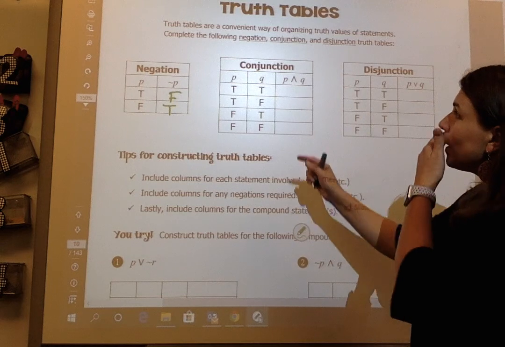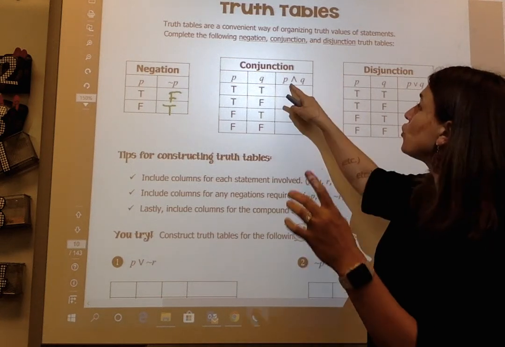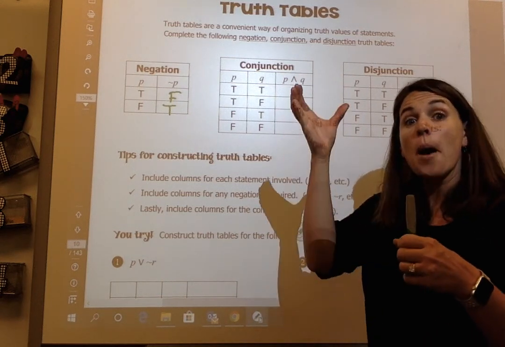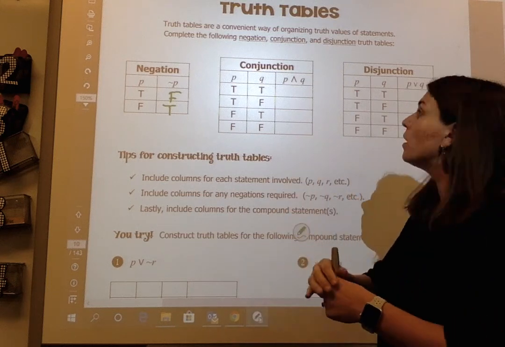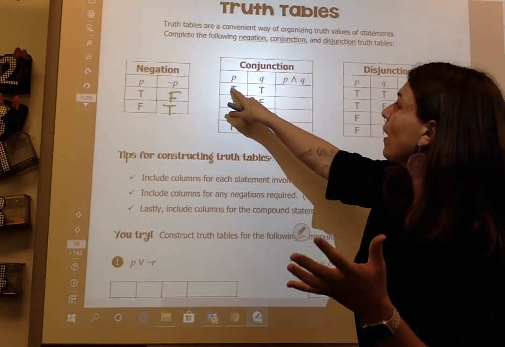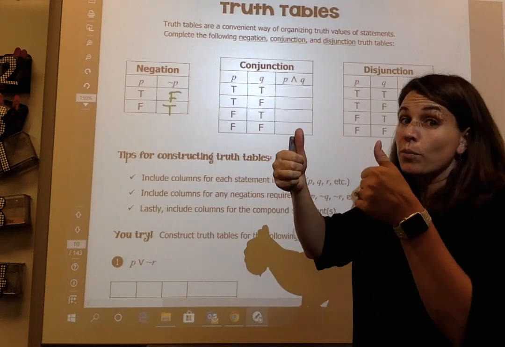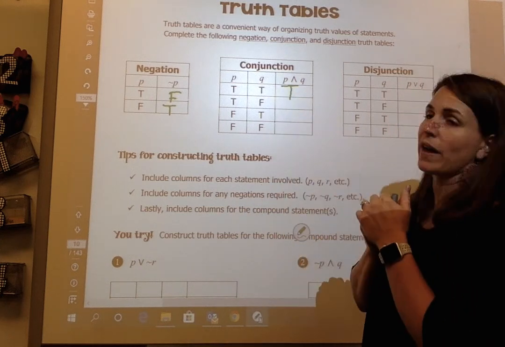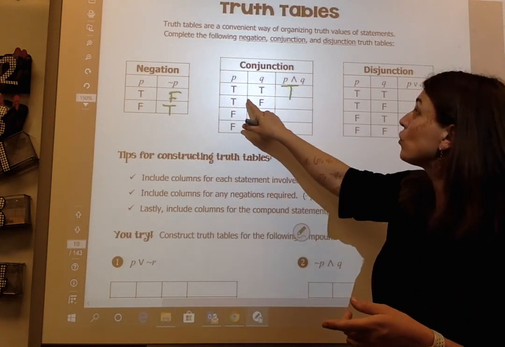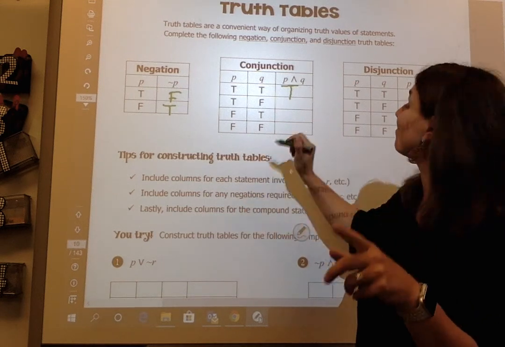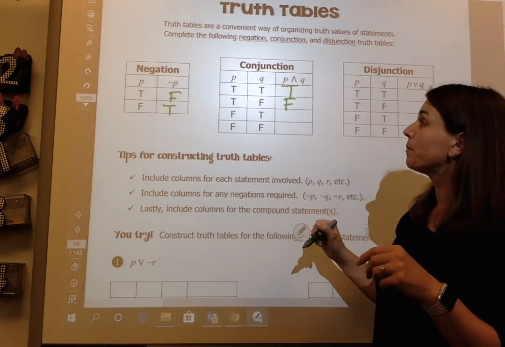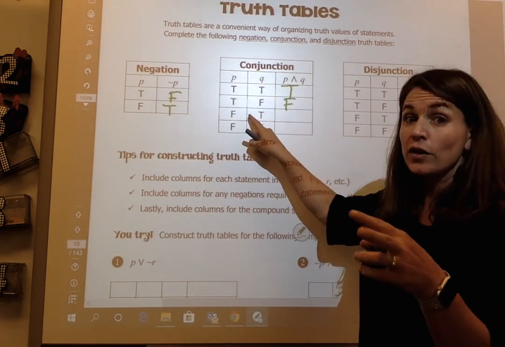Okay, so now I have this conjunction. Remember, a conjunction's an and statement, meaning both statements must be true. So what is my truth value? If I have a true and a true, both of them are right, so that's a true value. One is true, one is not true, that's going to give me a false truth. I have a false and a true.